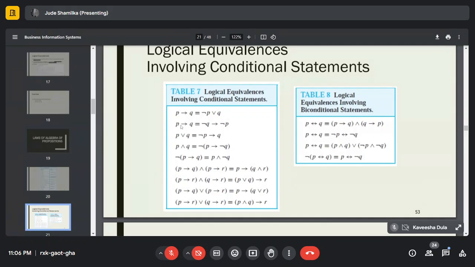Okay, then the second thing. This one, p conjunction q. I think it is visible.